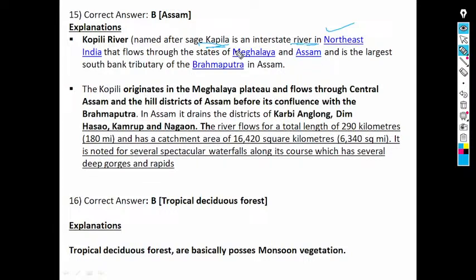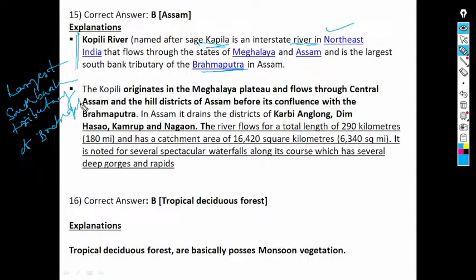It flows through the states of Meghalaya and Assam, and is the largest south bank tributary of Brahmaputra. It is the largest south bank tributary of Brahmaputra.